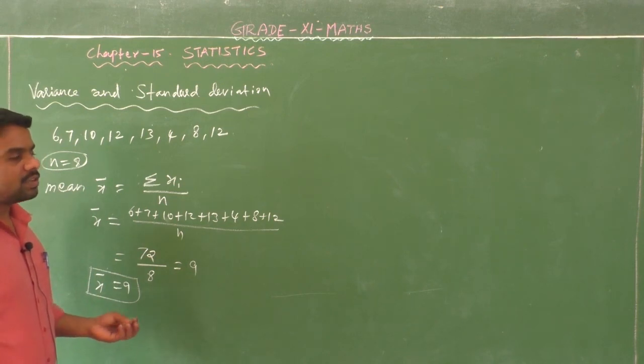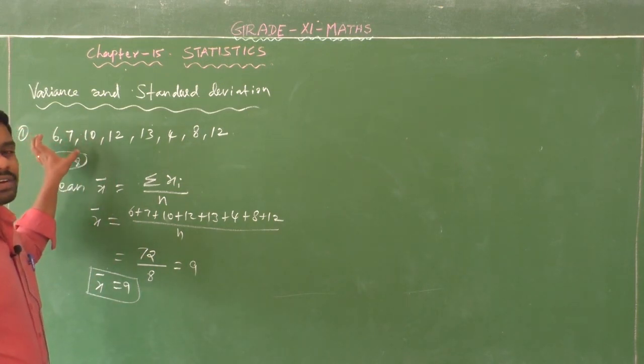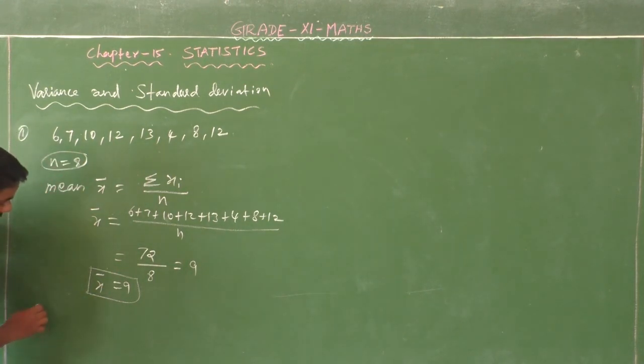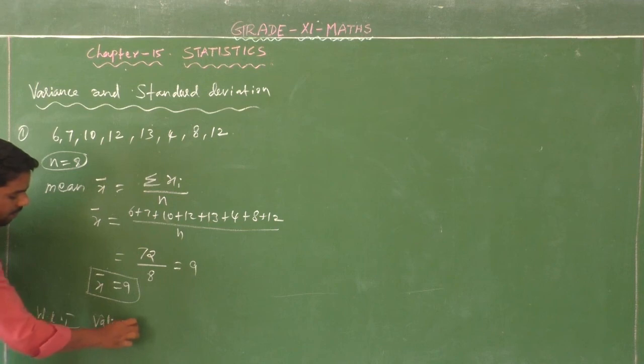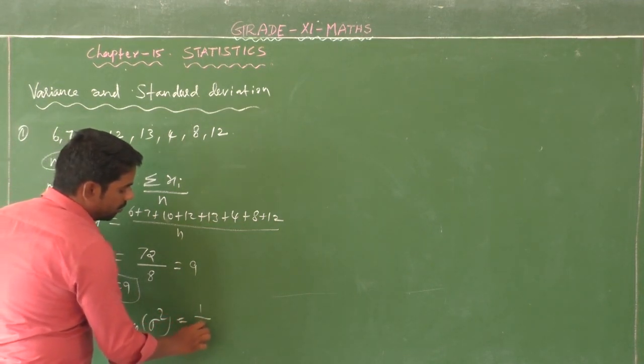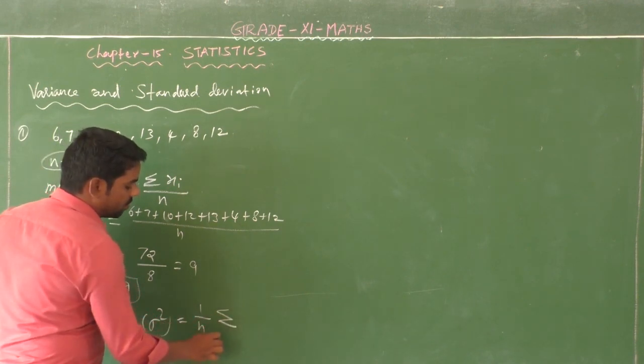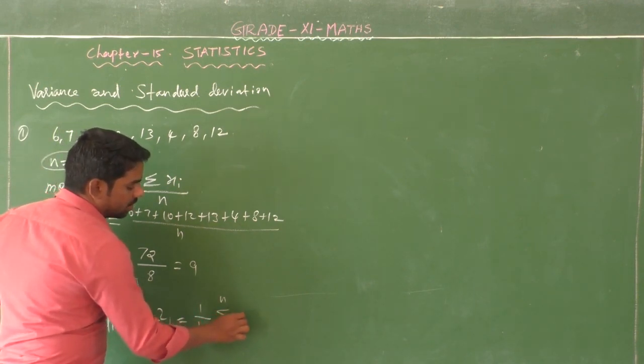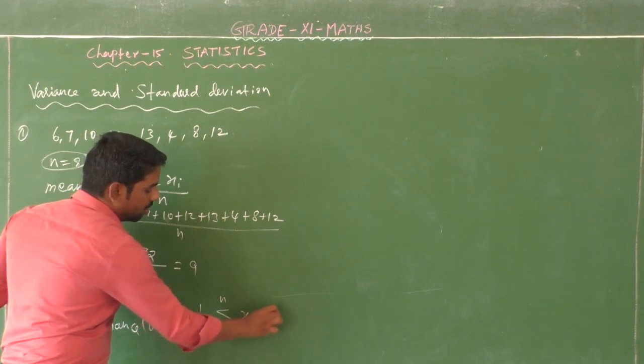Okay. Right. Next, you find the variance of this given data. We know that the variance formula for the given ungrouped data is sigma squared, equal to 1 divided by n, summation of i equal to 1 to n, (xi minus x bar) the whole square.